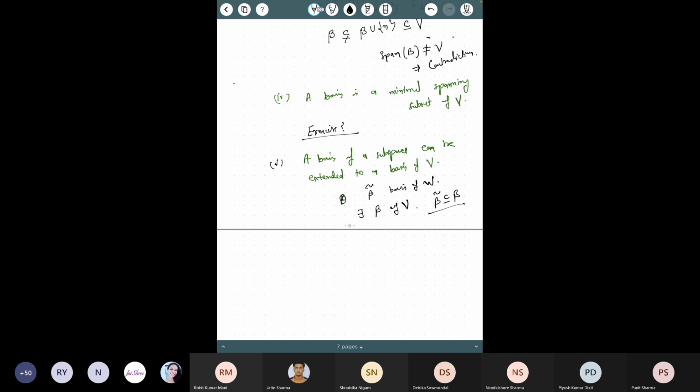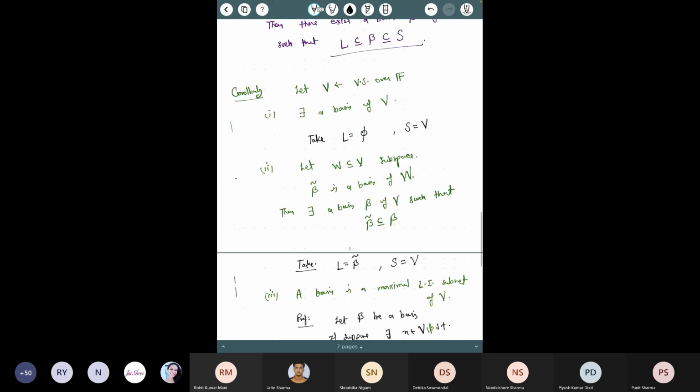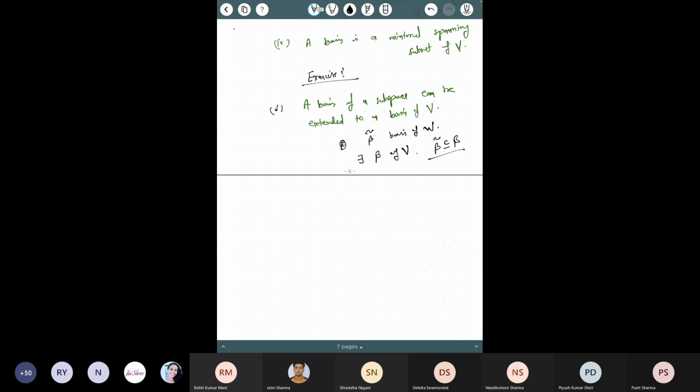So let us prove a different result. There are many other things. So first, let me ask you, how many bases can a vector space have? Infinite.